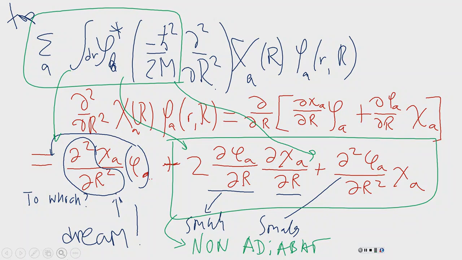So here it is, kinetic energy of nuclei, so it's the derivative with respect to positions of ions, applied to the nuclear wave function, while the electronic wave function is unchanged. So this term corresponds to the standard, pure kinetic energy of nuclei.